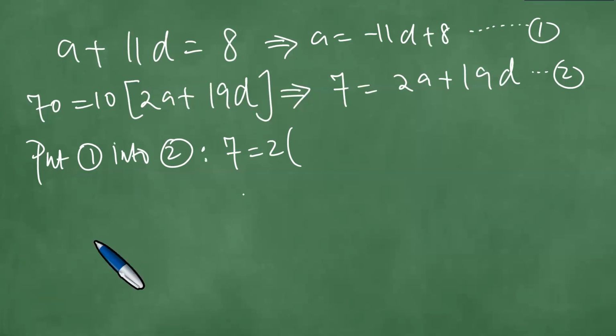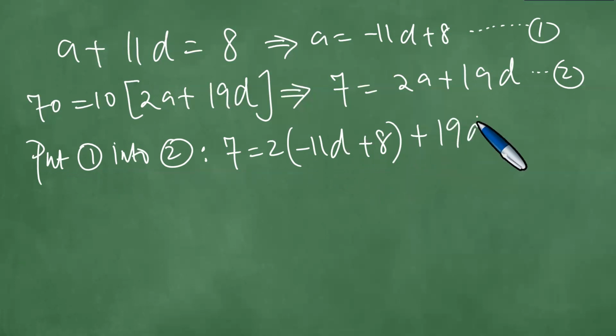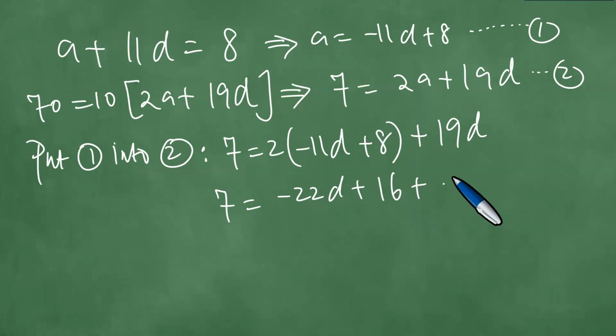So this is minus 11d plus 8 plus 19d, which means 7 is minus 22d plus 16 plus 19d. Now you can transpose the terms.